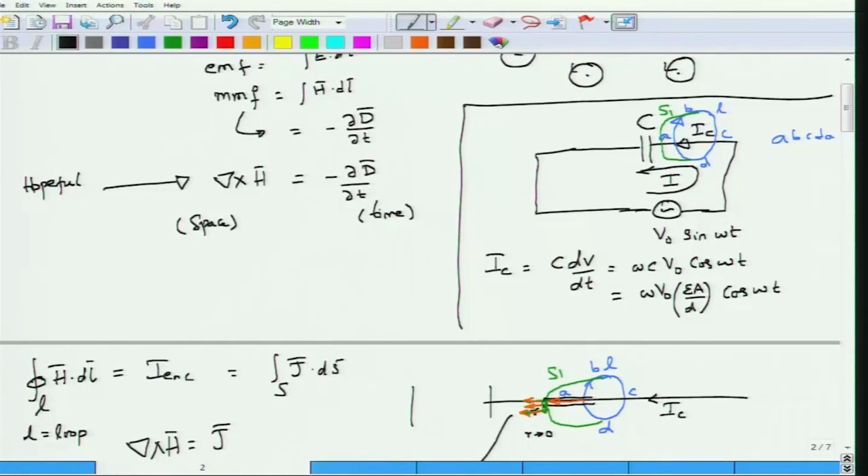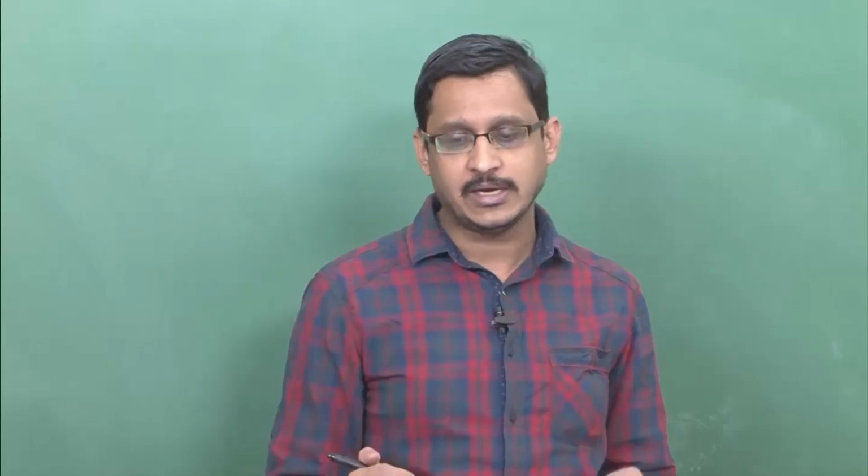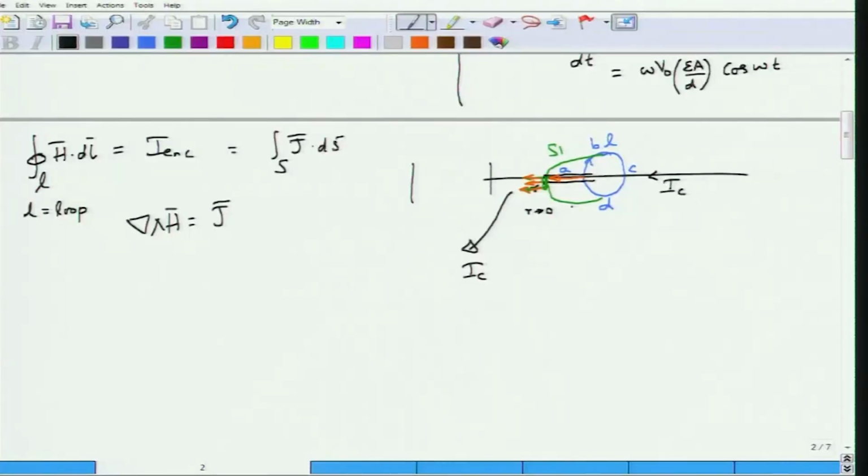The moment you turn on the DC voltage, the capacitor charges and becomes an open circuit, then the current through any element will be 0, because the potential is exactly equal, so there is no possibility of a current. So for the DC case we get 0 current, and that is what Ampere's law predicts as well.